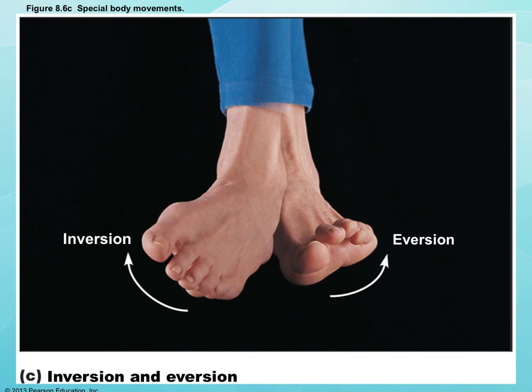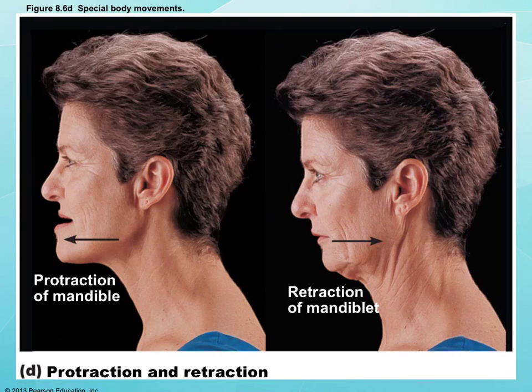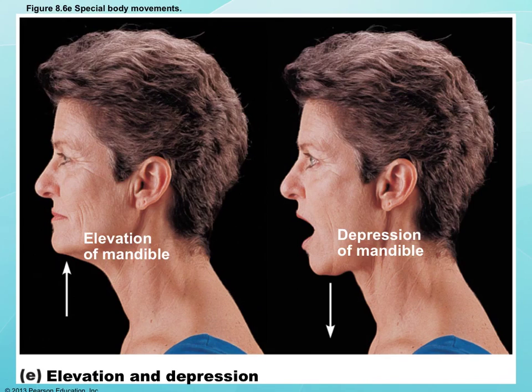Foot move medially, that is an inversion, and move laterally is an eversion. Protraction and retraction is used to describe movement that moves a body part away from your body or back to your body. So that's how you say retract, get something back. So that's a retraction, get your body part back to yourself.